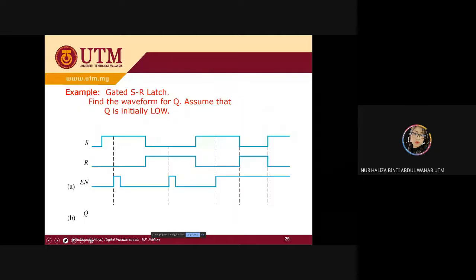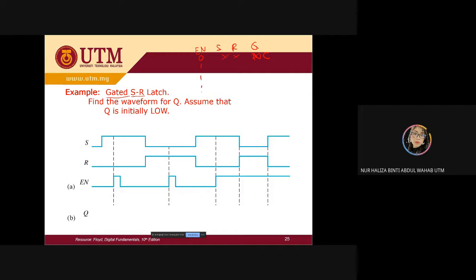Let's see directly what is happening here. This is our gated SR latch. And let's draw the table. If it's 0, S R Q, nothing happened, no change.